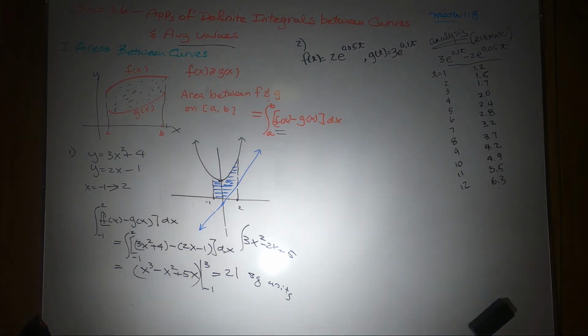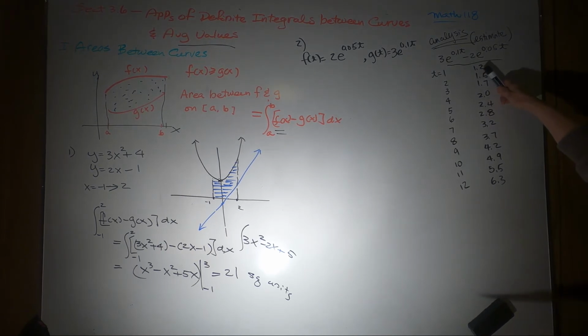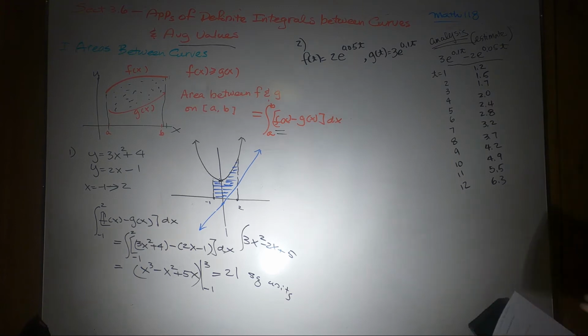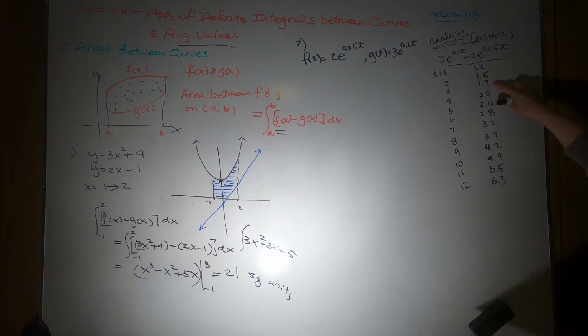So I estimated from here, for month 1, I will have 1.2 thousand sets per month more for each month. That means for month 1, month 2, month 3.